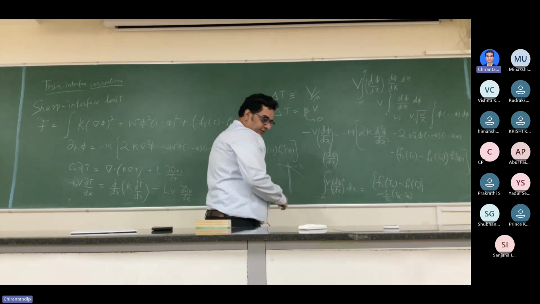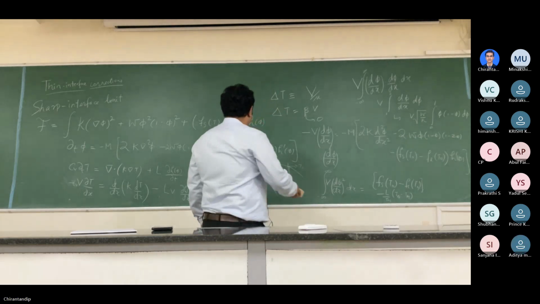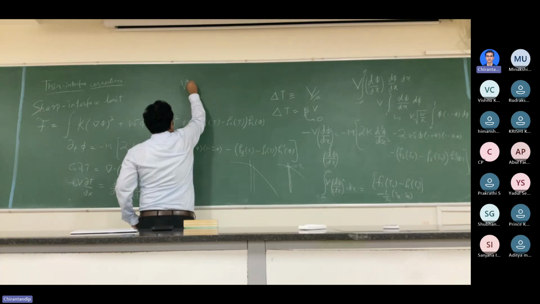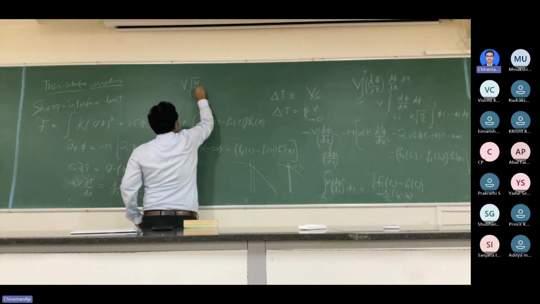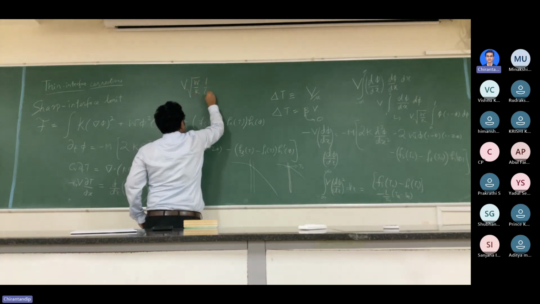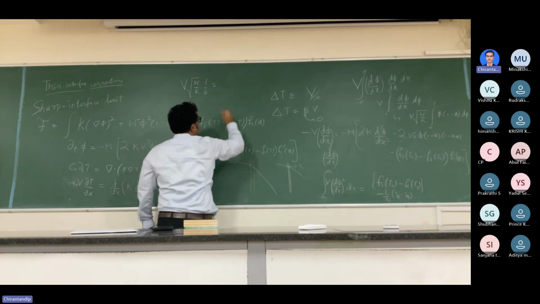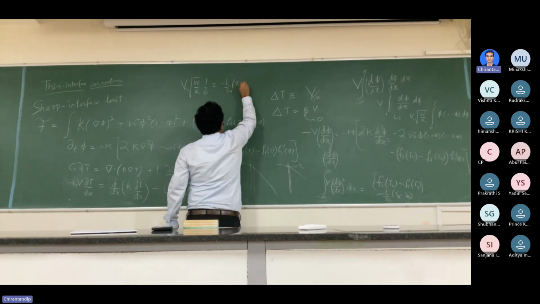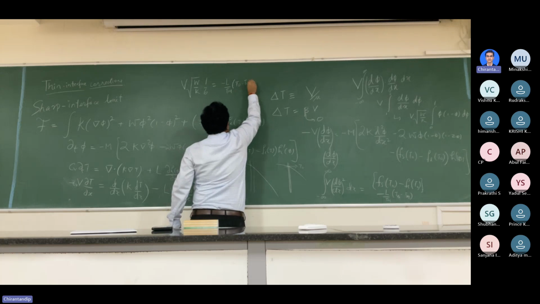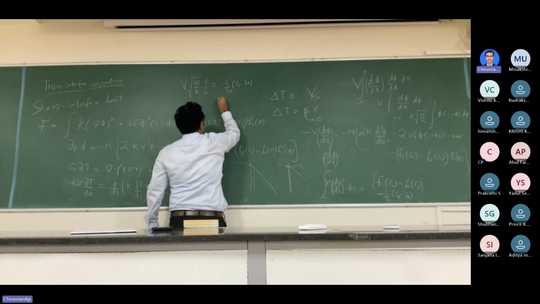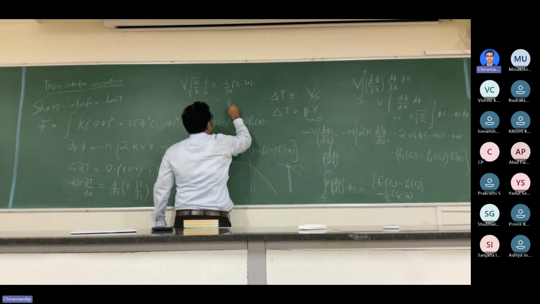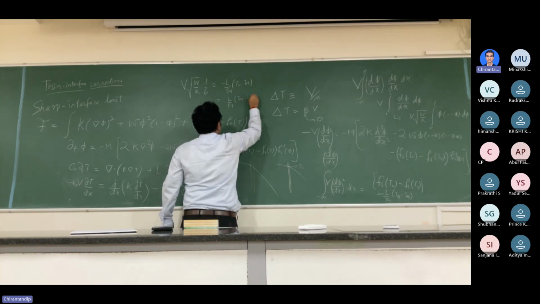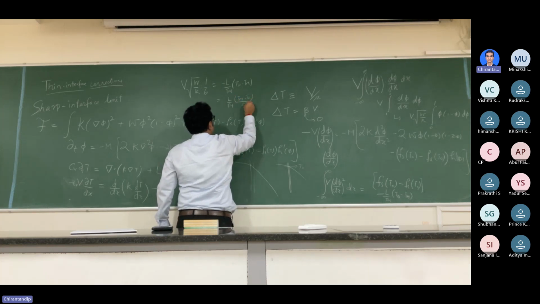So your relation that you get is the following, equal to minus. So we can take this minus inside now, because this is undercooling.